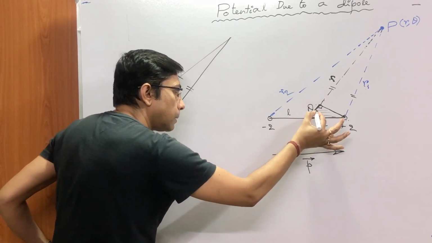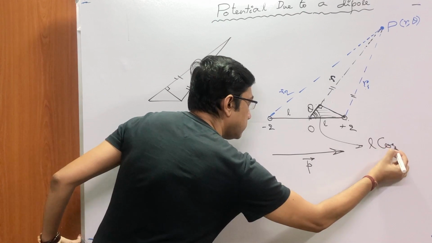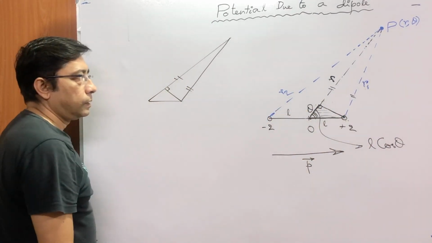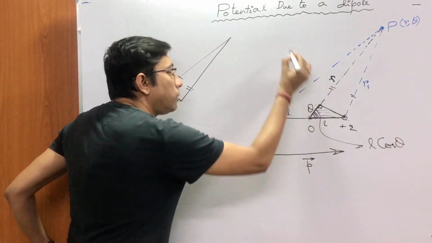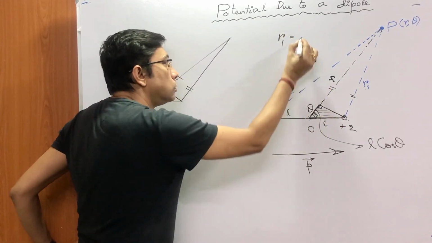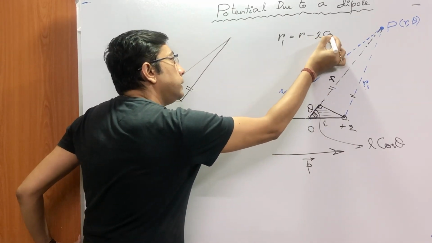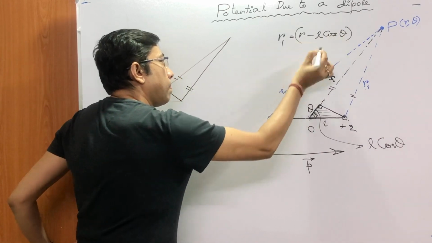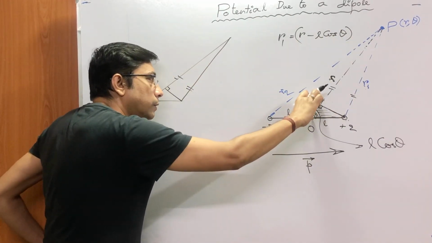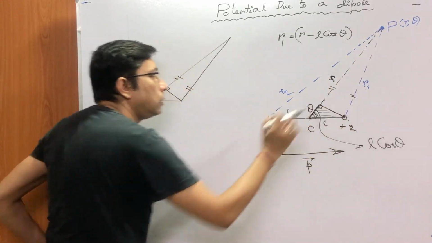So this part, I'm writing it here, is L cos theta, because this is the base of this triangle. So, can we write that R1 here is equal to R minus L cos theta. Total R minus this part equals this part, and this part equals R1.